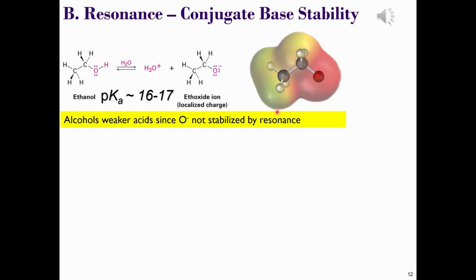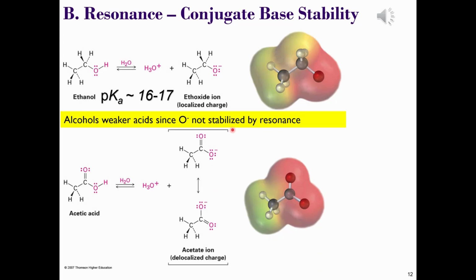However, when we consider acetic acid, its pKa is considerably lower, so therefore it's much more acidic. In fact, it's 10 to the power of 12.25 times more acidic than ethanol. Now this proton is also connected to an oxygen atom.